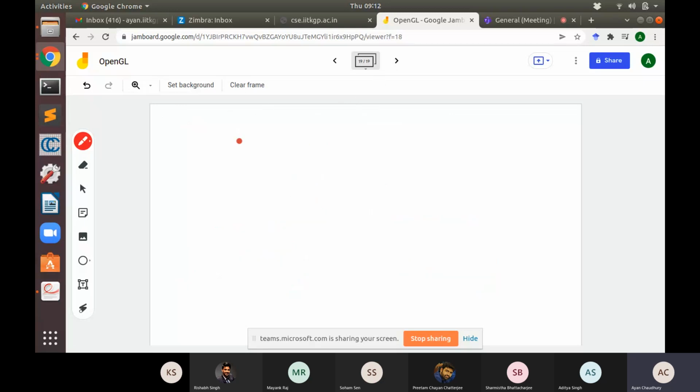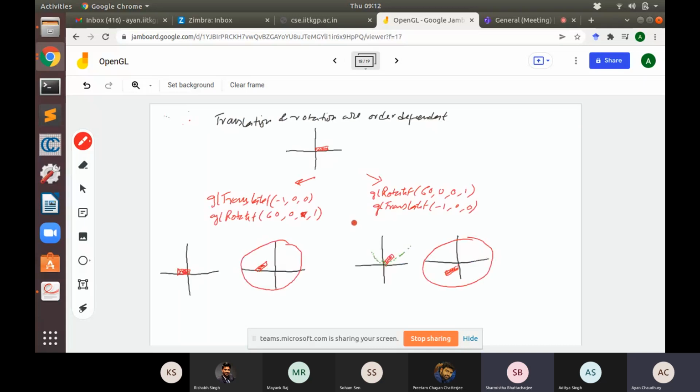Sir, this rotation or translation, if the object is big enough, from which part is that value calculated? You can consider it from the center.